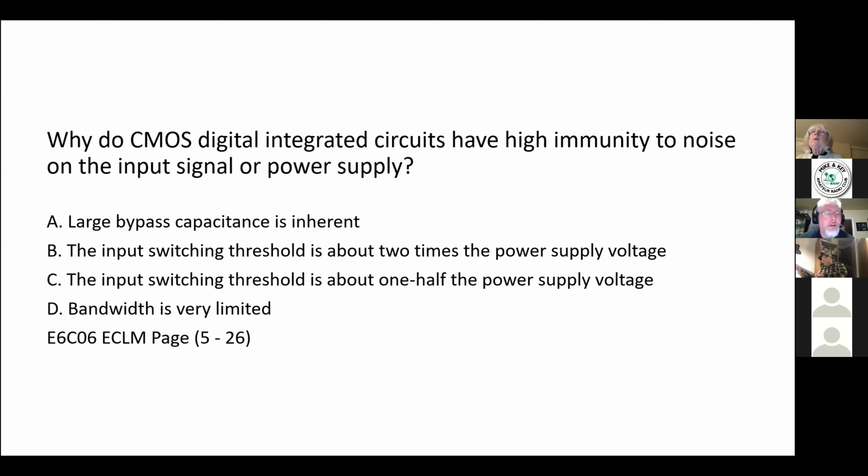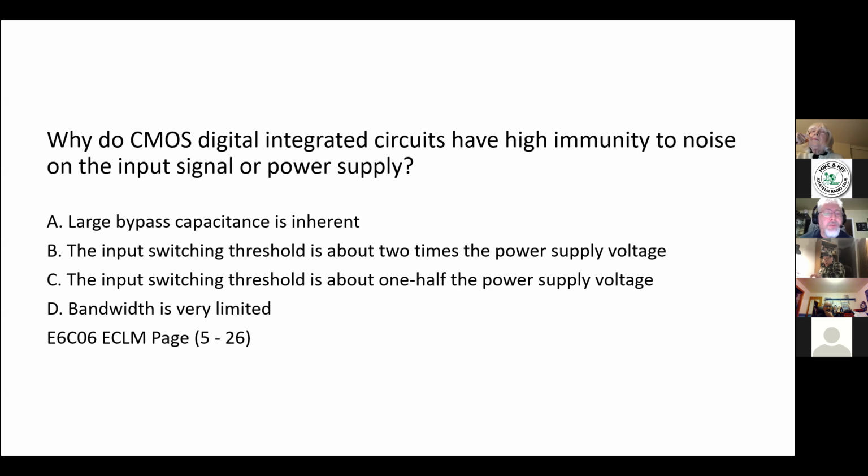Why do CMOS digital integrated circuits have high immunity to noise on the input signal or power supply? A. Large bypass capacitance is inherent.